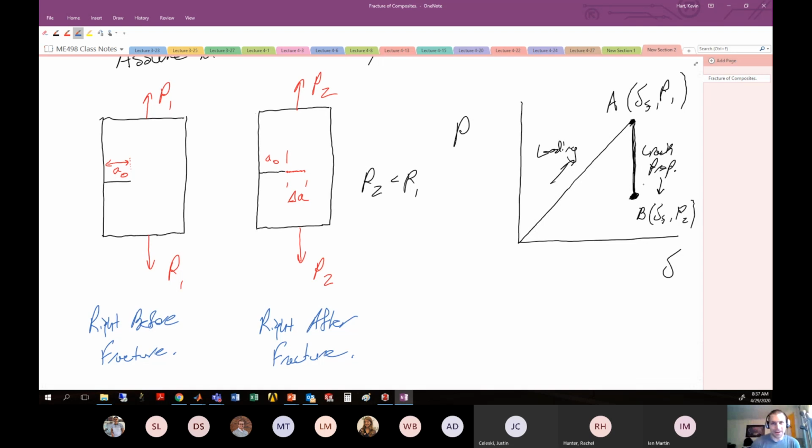After that crack has occurred, let's say we're like, oh crap, we just made a crack in our piece, let's unload. We're still going to unload in a purely elastic fashion, meaning that the energy inside the sample is still only elastic. We still haven't included any plasticity in this particular piece. So when we unload this piece, it's going to return to its original length, back to its original position.